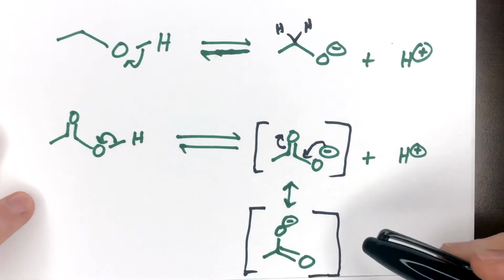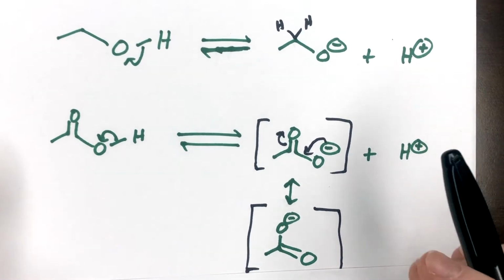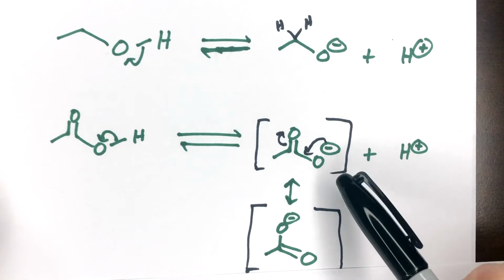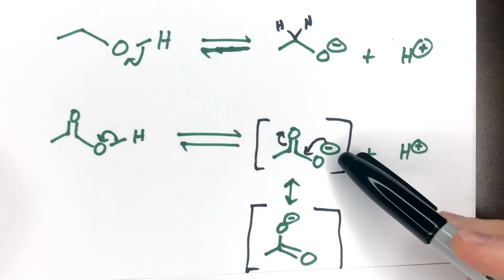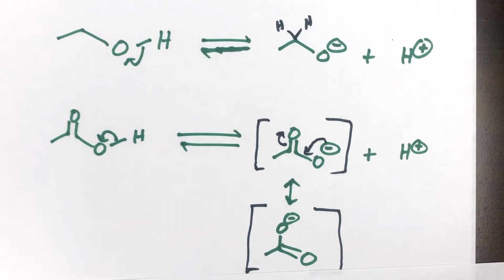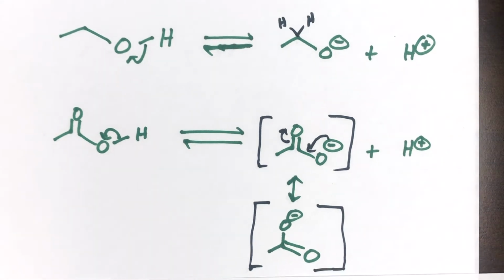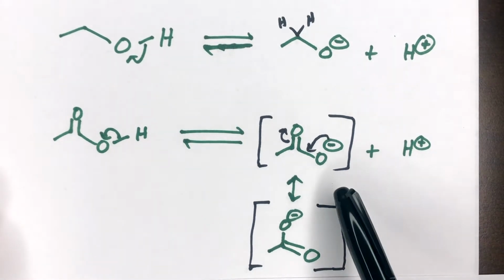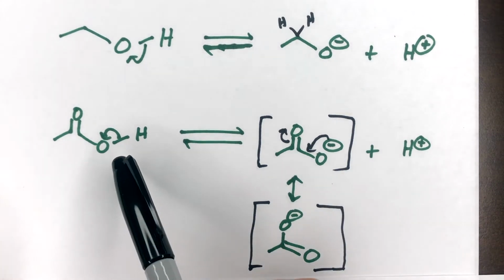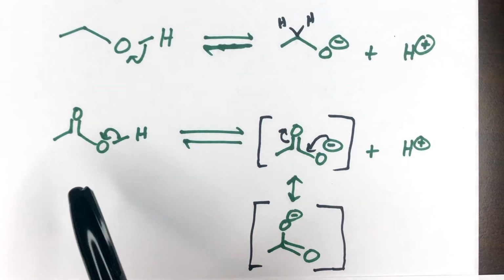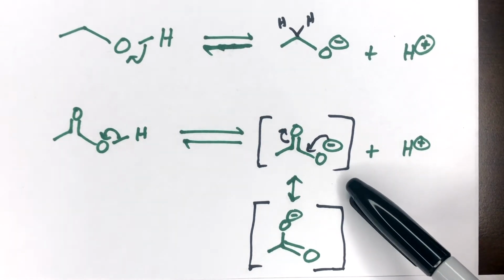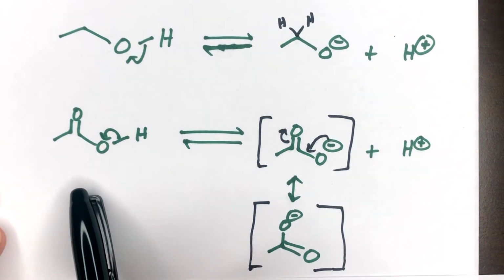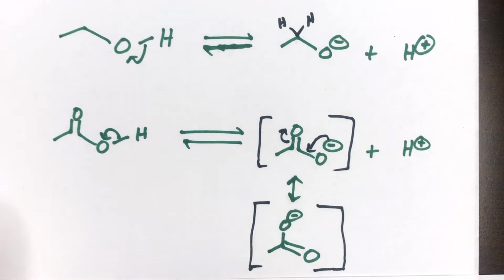So effectively, what you can compare this to is that you are making this oxygen less negative because it's sharing the negative charge with another oxygen, and that stabilizes it. So now the statement that we're making is, due to stabilization like this, we increase the acidity of the original acid. And this makes sense because essentially it stabilizes the product, which means that the initial starting material is more reactive.